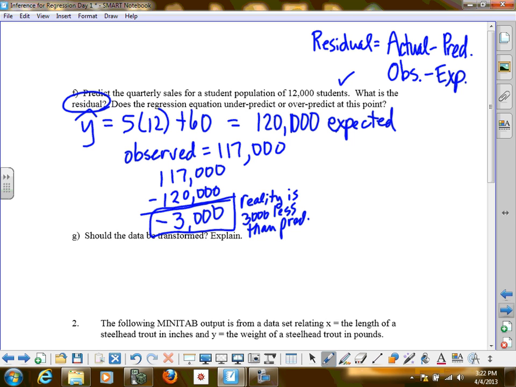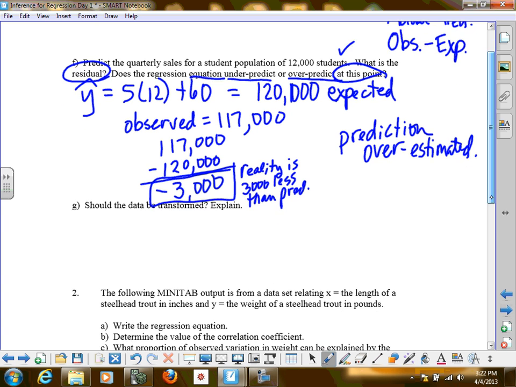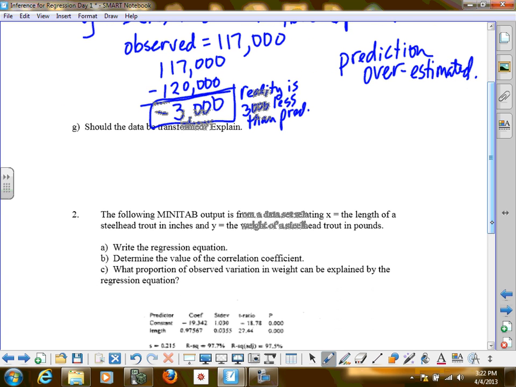Therefore, does this equation underpredict or overpredict at this particular point? It overpredicted. Reality is less than the prediction, so the prediction overestimated what actually happened. That's another way you're going to see that.